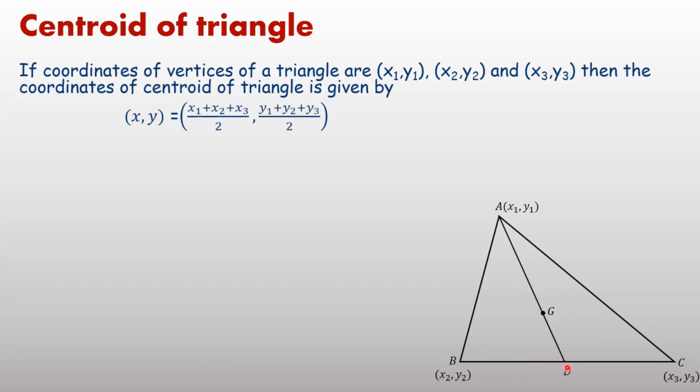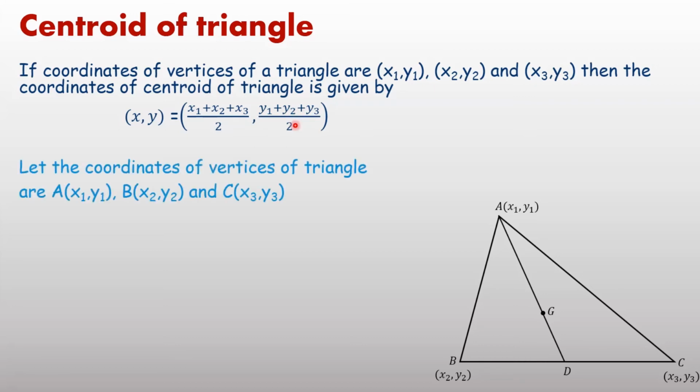If the coordinates of point A are given as x1, y1, point B as x2, y2, point C as x3, y3, then the coordinates of the intersection of medians, meaning the centroid, are given by the sum of x coordinates upon 3, comma, the sum of y coordinates upon 3.